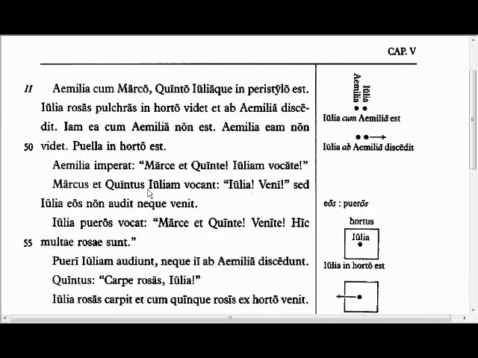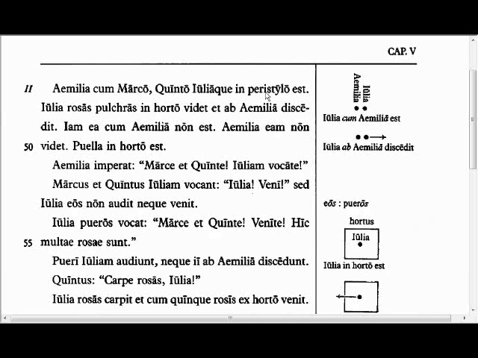So let's try translating this together after you have paused and practiced your pronunciation. We have Aemilia with Marcus, Quintus, and Julia in the peristylium. Peristylium we're not going to translate, it's the walkway around the garden, the colonnade around the garden area.